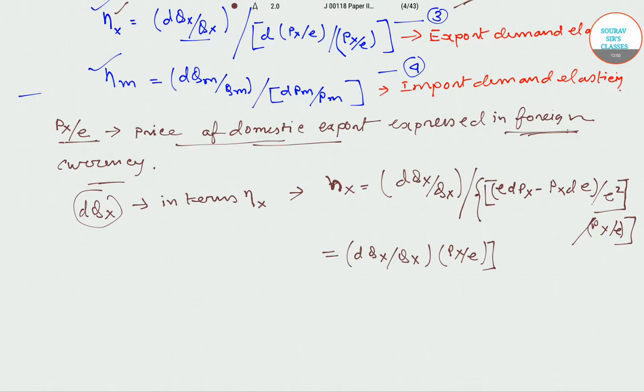So now from here we can simply get this is divided by e dpx minus e divided by e square.